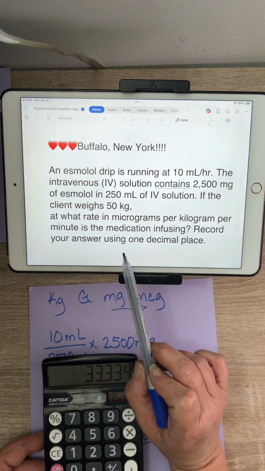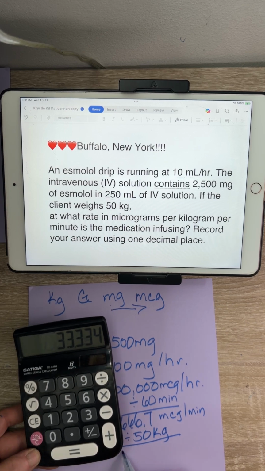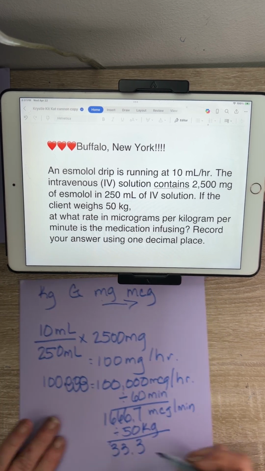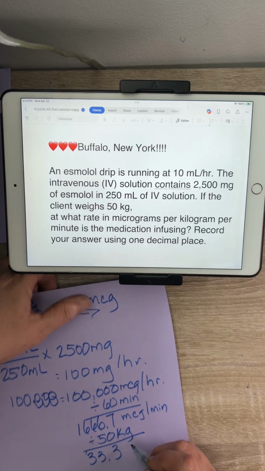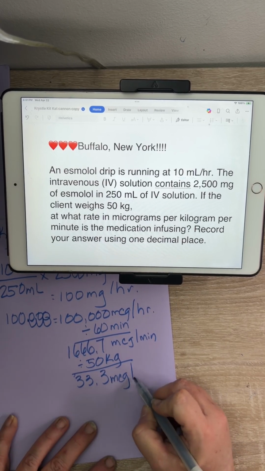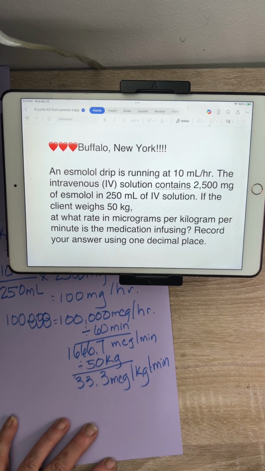And she said to round your answer to 1 decimal place, and it's going to be 33.3 micrograms per kilogram per minute.